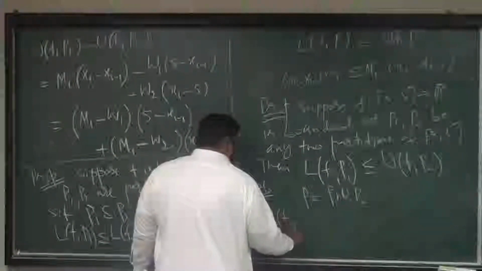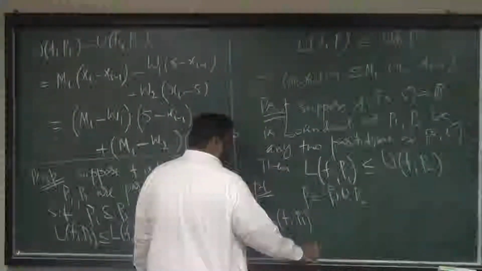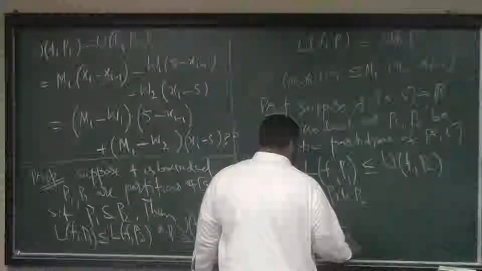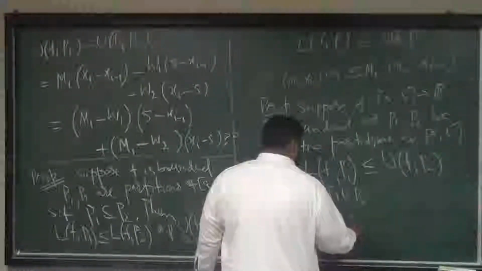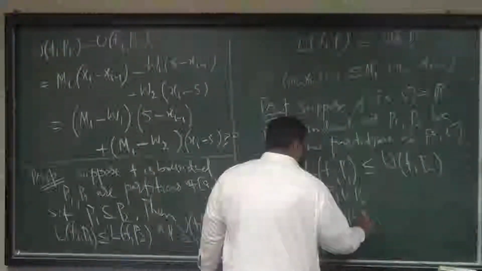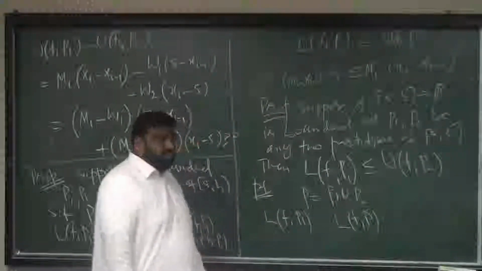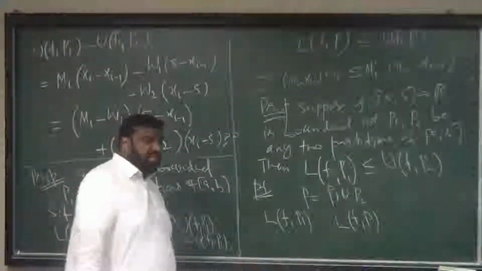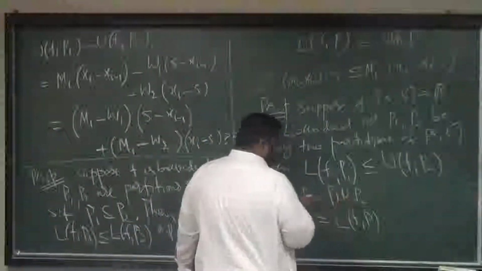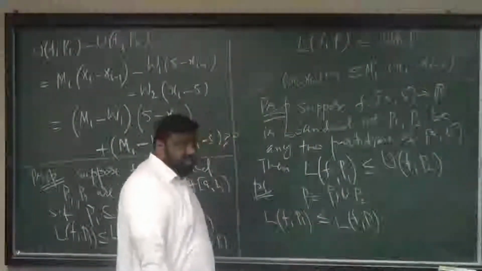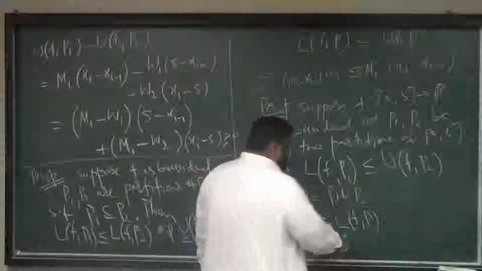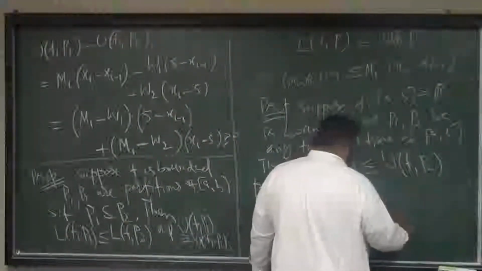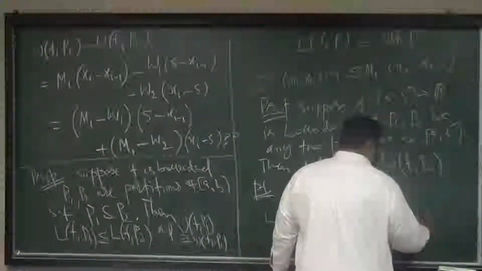What is the relationship between LFP1 and LFP? Less than or equal. Why? Because that's a common refinement of P1. How about the relationship of LFP with UFP?